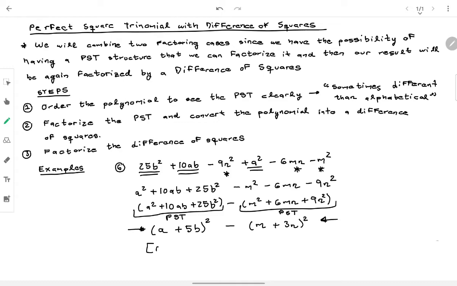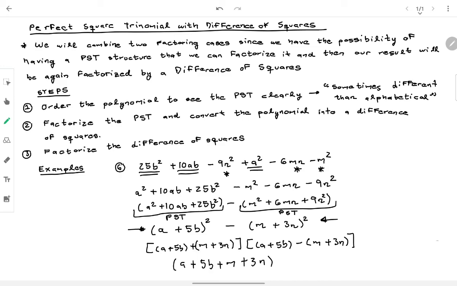We can factorize it, and it's going to be a plus 5b plus m plus 3n, multiplied by a plus 5b minus m minus 3n.